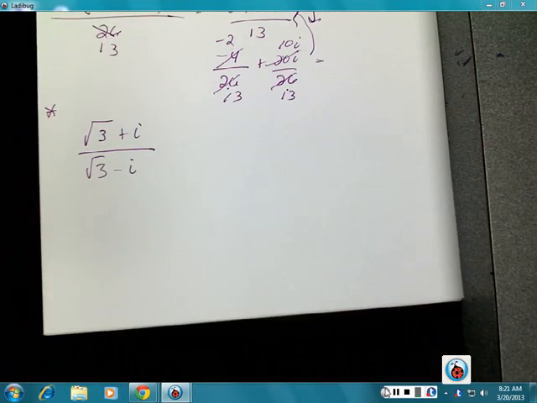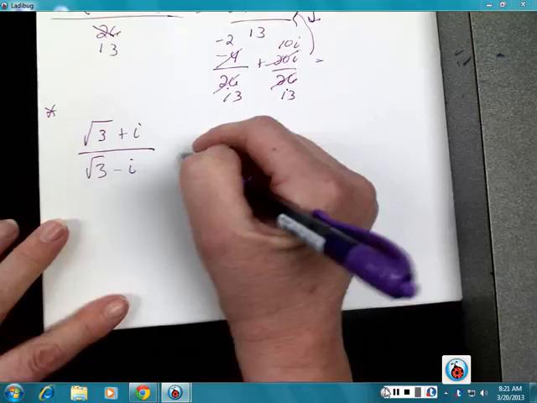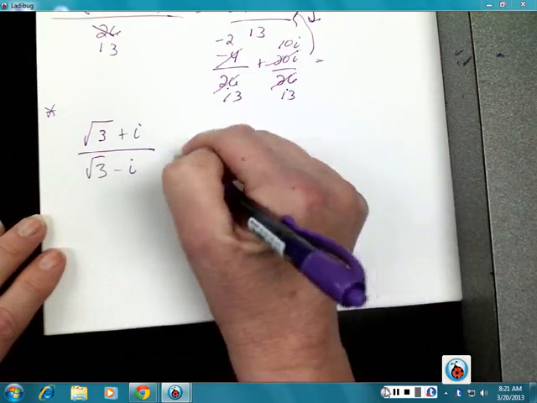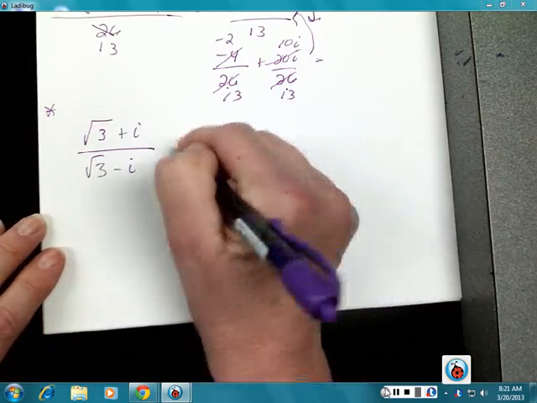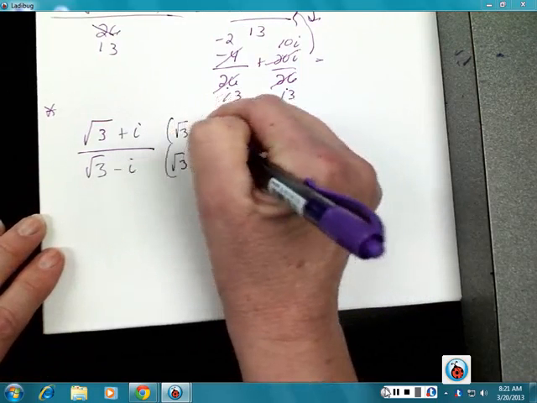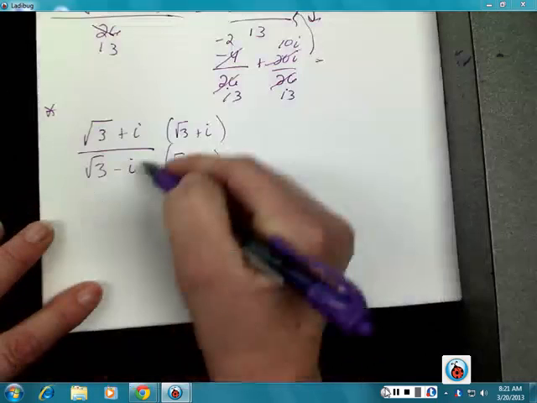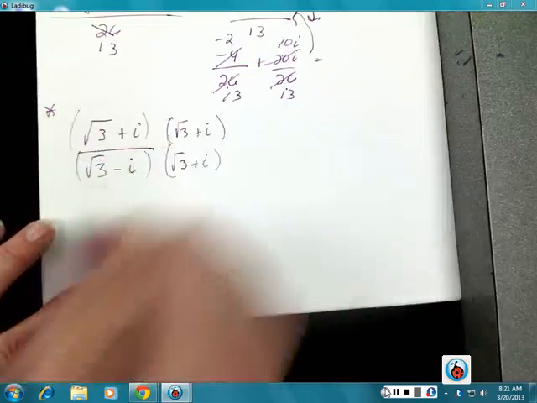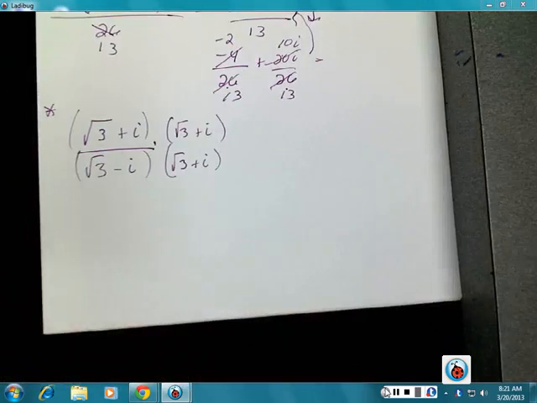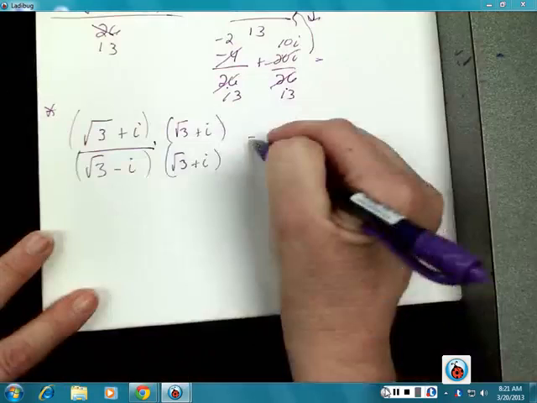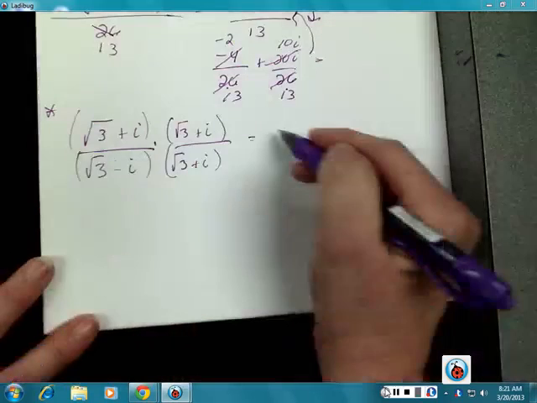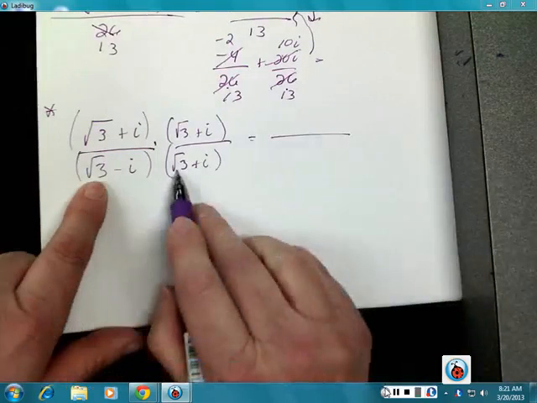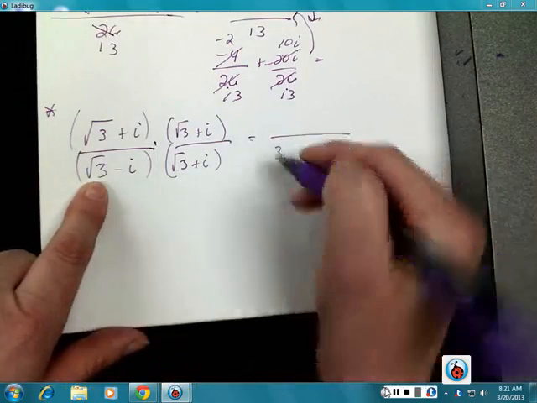So we need its conjugate, so what's that going to be? Square root of 3 plus i. And then basically it's just 2 foilings that are going on there. Although the bottom, you do not need to do everything, just the square root of 3 times the square root of 3 is 3.